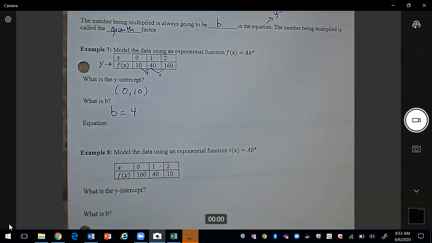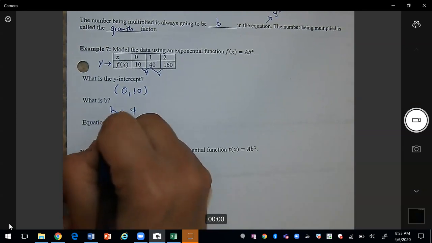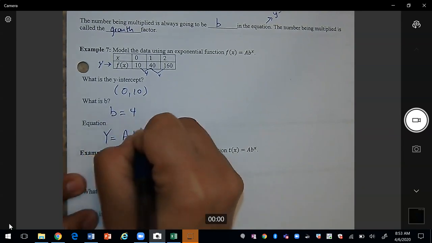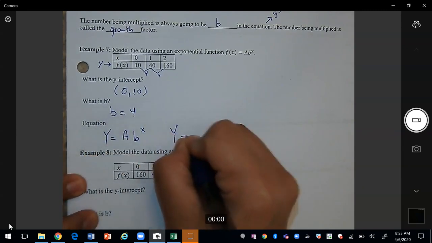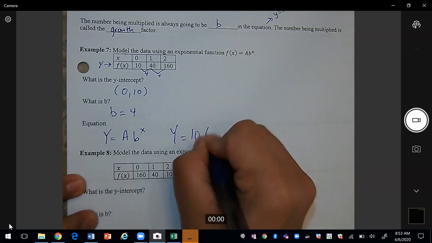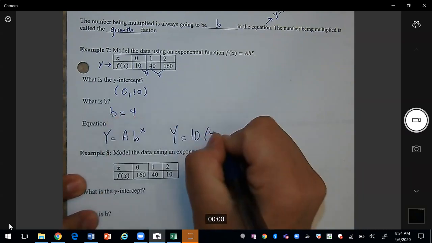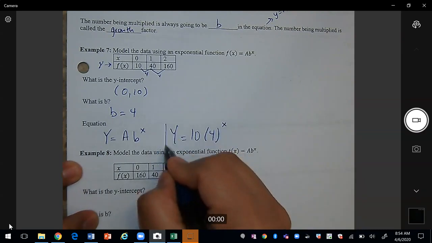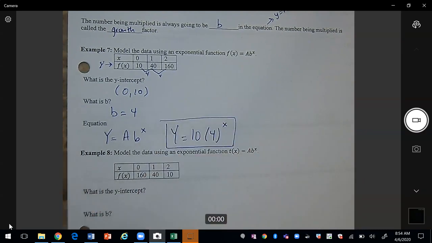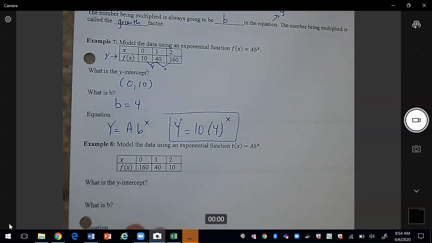So now we just write the equation. My equation here, using y equals a times b to the x, is going to be a, which was 10, b, which is 4, raised to the power of x. And that's our equation.